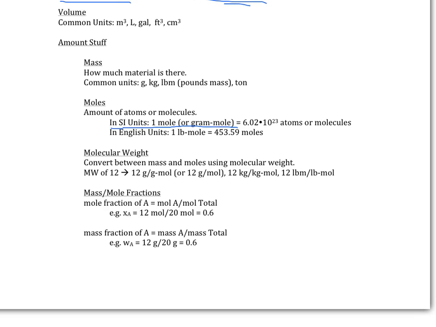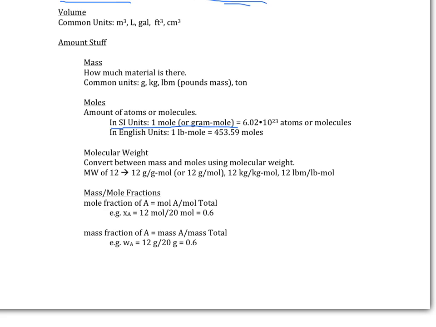It's Avogadro's number. So one mole, or a gram mole, is equal to this. I'll get to why we call it a gram mole. But often when we talk about moles, 99% of the time we're talking about SI moles, or gram moles. It's called a gram mole, but we just shorten it to mole in your chemistry courses and in everyday life.